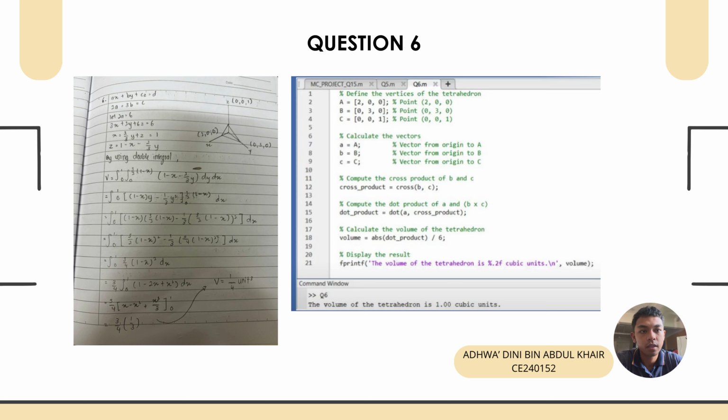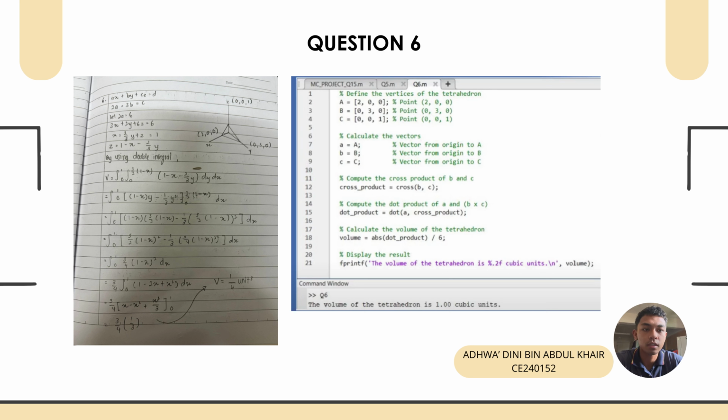Now we calculate the cross product B times C. The answer we get for B times C is 300, and then we compute the dot product with A, which gives the answer 6. Finally, using the previous formula, we get V equal to 1.